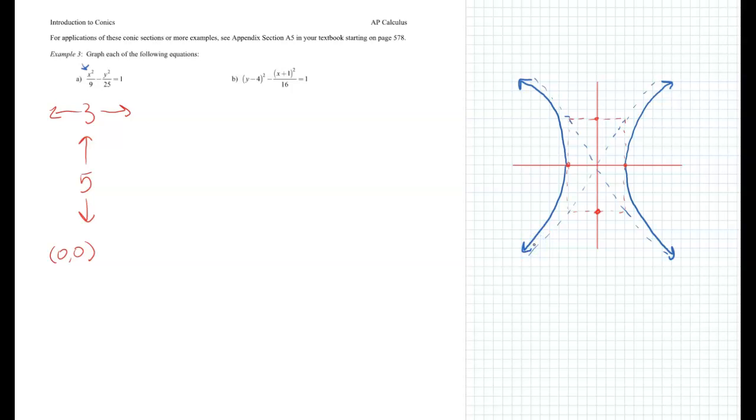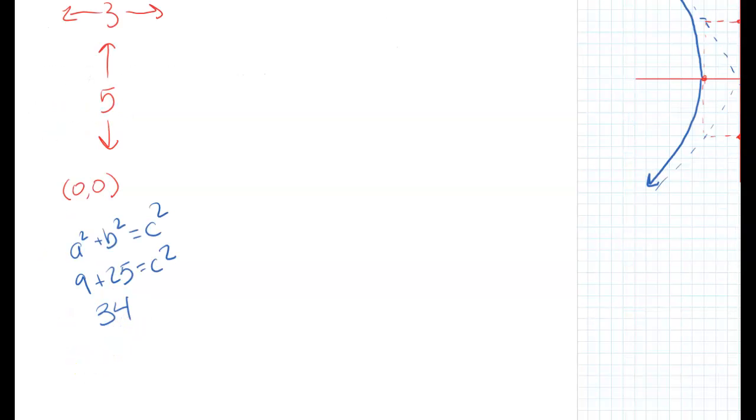Okay, then what do foci have to do with this? Well, in order to find my foci, I would actually have to take a squared plus b squared is equal to c squared in this particular case. a squared in this case is 9, plus 25 is equal to c squared. So c squared is equal to 34.